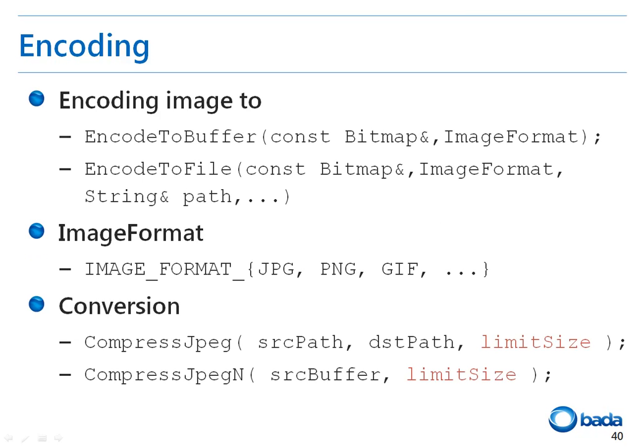Finally, let's have a look at how to encode an image. To encode an image, you can use the encode to buffer or encode to file functions of the image class. If you specify the bitmap image to be encoded and the image format when you call the encode to buffer function, the encoded buffer will be returned.